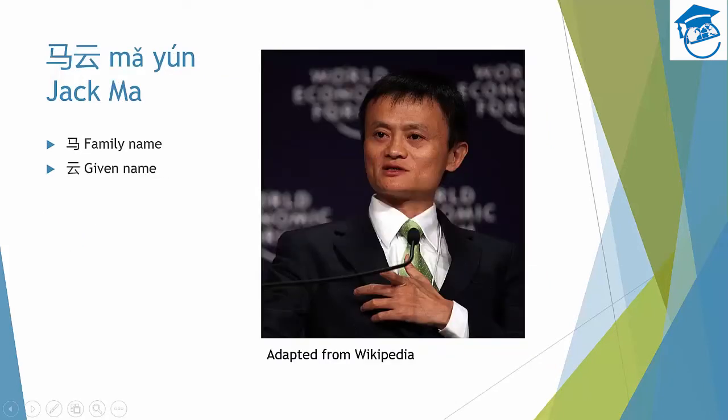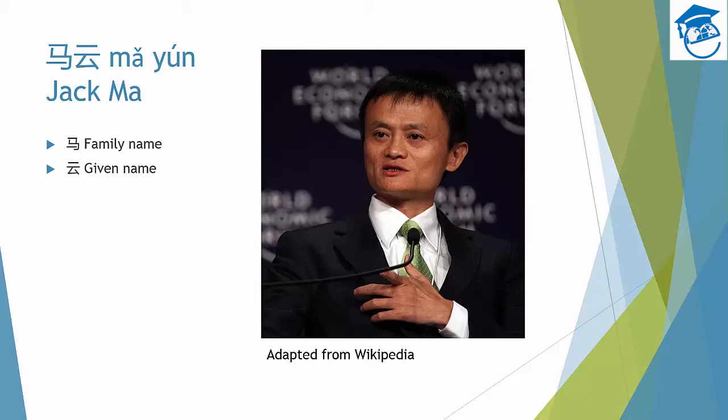Another example I want to give is Jack Ma. In case you don't know, he is the richest man in China. Jack Ma is from China, and his Chinese name is Ma Yun. You can see the English family name he has is the same as the pinyin of his family name.